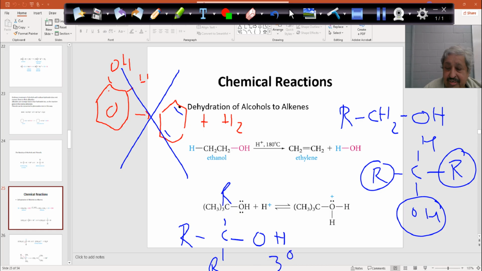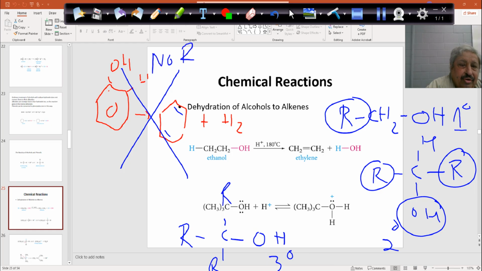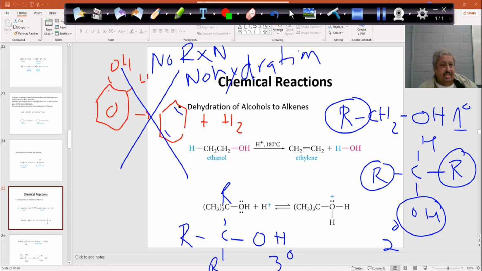Now R in this sense is small, so they can go through dehydration. Phenols cannot. No reaction here. Dehydration means you are pulling hydrogen to make H2O out of this.